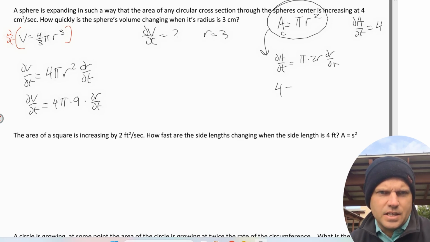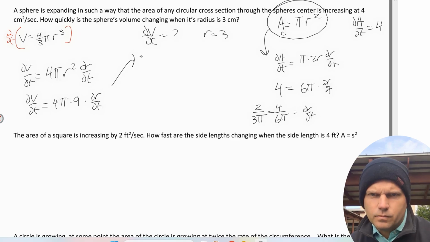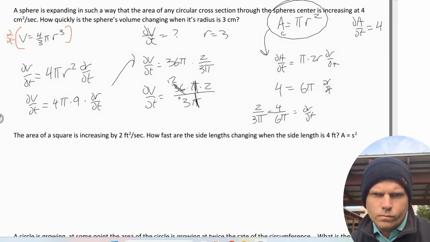We realize dA/dt is 4, r is 3. Two over 3 pi.